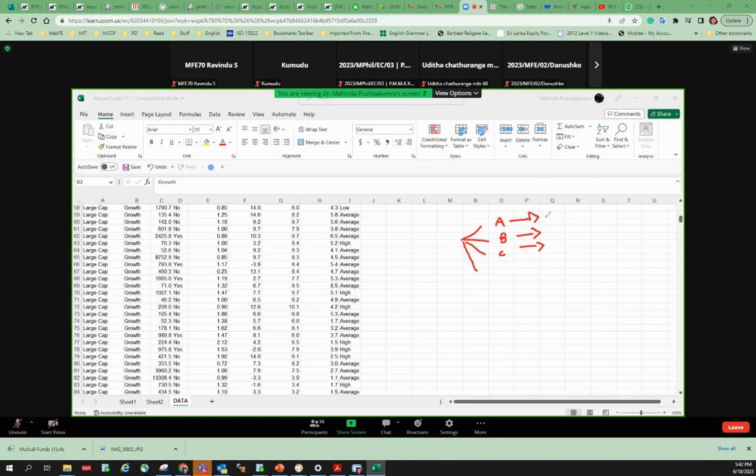Then you have to calculate the mean or descriptive statistics related to A, B, and C. That means for firm A, you should have a series of data, maybe daily price or daily return you can calculate.